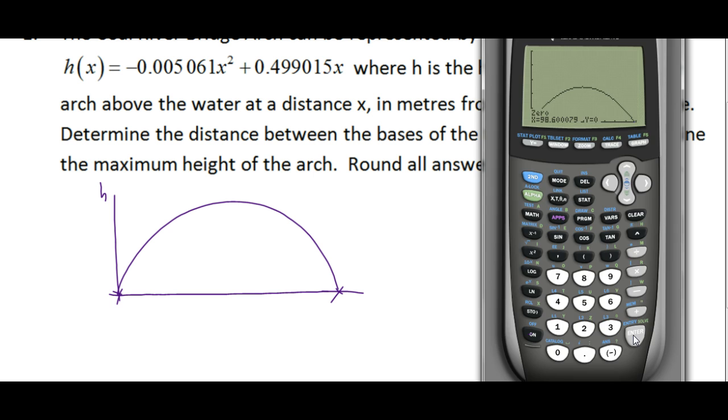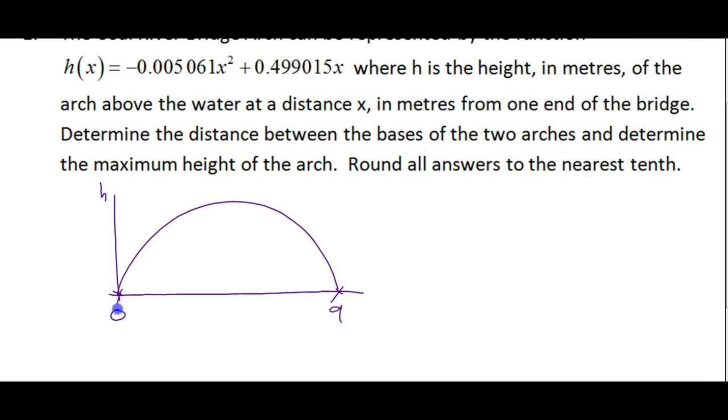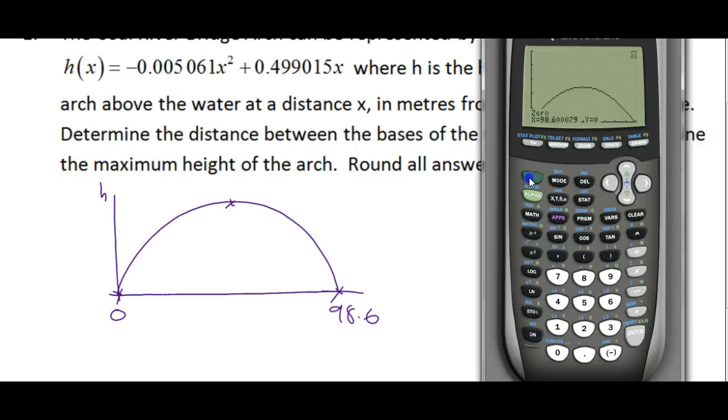So this is 0, 98.6, rounded to the nearest tenth. And determine the maximum height of the arch. So maximum height, second calc, maximum, number 4.